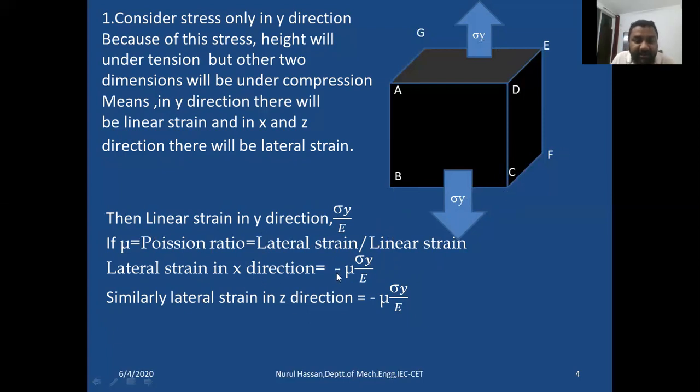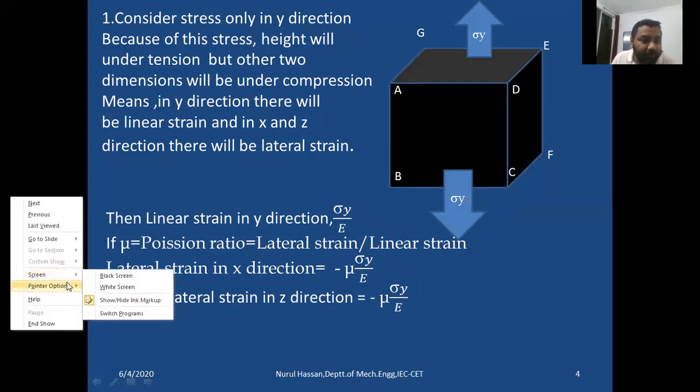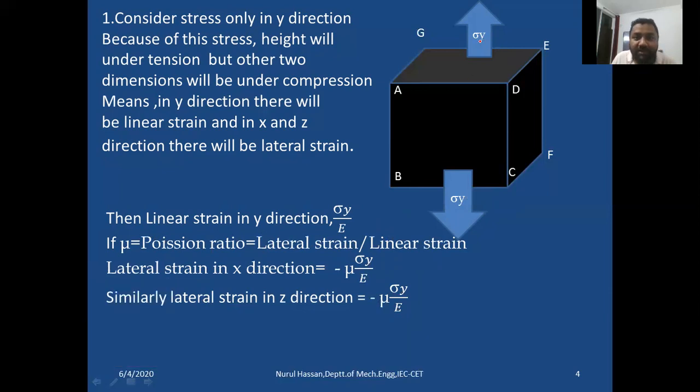In x direction, it is minus mu multiplied by sigma y by E. In z direction also, minus mu sigma y by E. That means now I got, because of the sigma y stress, the linear strain in y direction is sigma y by E, the lateral strain in x direction is minus mu sigma y by E, and the lateral strain in z direction is also minus mu sigma y by E.